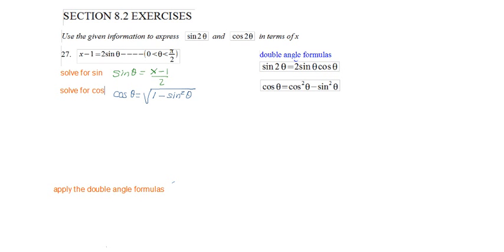So if we substitute these values, now we have cosine of theta equal to the square root of 1 minus, then we substitute x minus 1 over 2, this whole thing square.